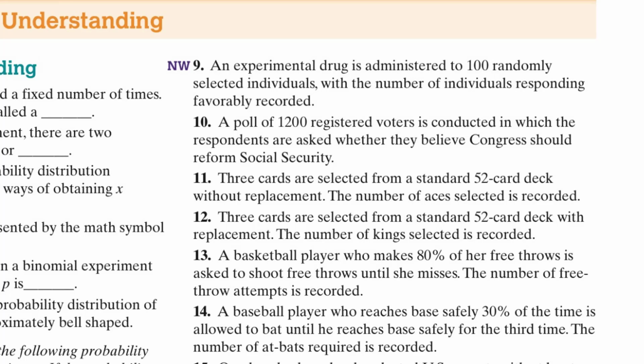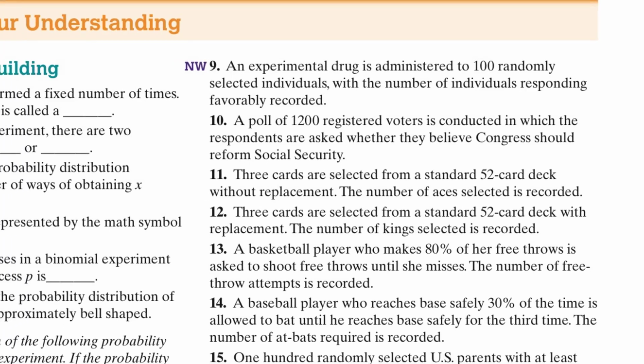So in other words, I'm assuming that there is a certain proportion of the population that thinks Congress should reform Social Security, and there's a certain proportion that thinks they shouldn't. And even though I may not know what those proportions are, and they are probably very hard to determine, I think that that's a fixed value. And so, at least for the purpose of this problem, I'm going to say yes, we do have a fixed probability of success, and so that means that we could use a binomial model for number 10.